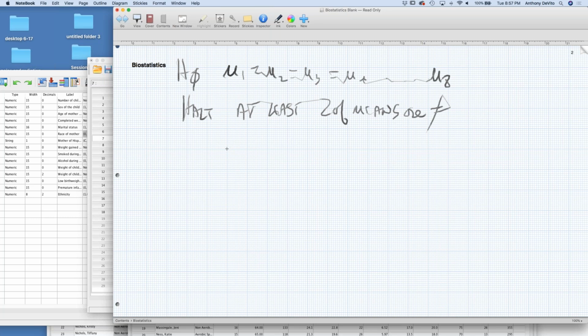So analysis of variance is 2 steps. In the first step, you determine whether you can reject this null hypothesis and accept the alternative hypothesis. If you can do that, well, then you go from analysis of variance to post hoc tests. And post hoc means after the fact.